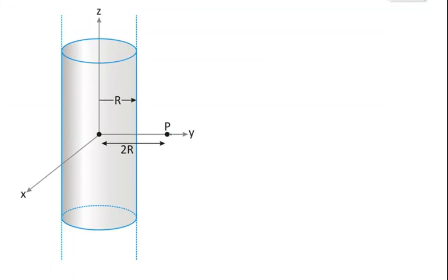So in the case of an infinitely long cylindrical wire, at a point P which is at a distance of 2r from the center, if we apply Gauss theorem, flux is given by E dot ds, which will be equal to q by epsilon naught. Now let us say we take this cylindrical portion only, not the entire infinitely long cylinder, of length L.